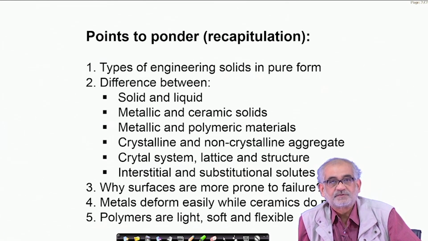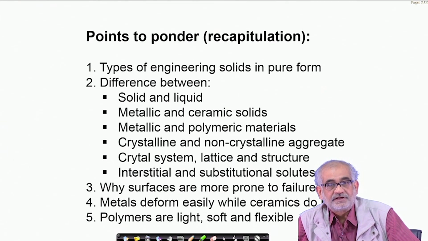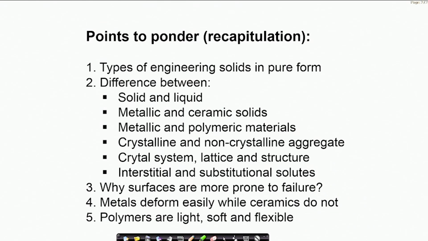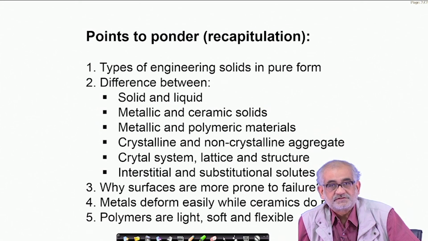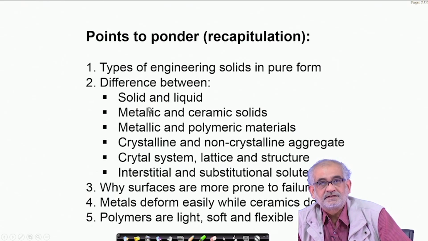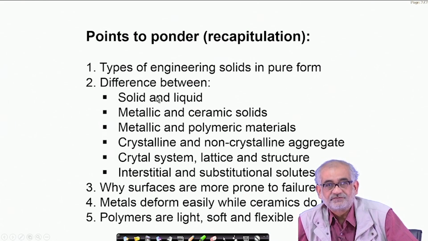So what all have we done so far? Let's make a small summary. We tried to understand that solids can manifest themselves in 2 forms, crystalline and non-crystalline. Most of the engineering materials which are useful to mankind are essentially available in the solid form.